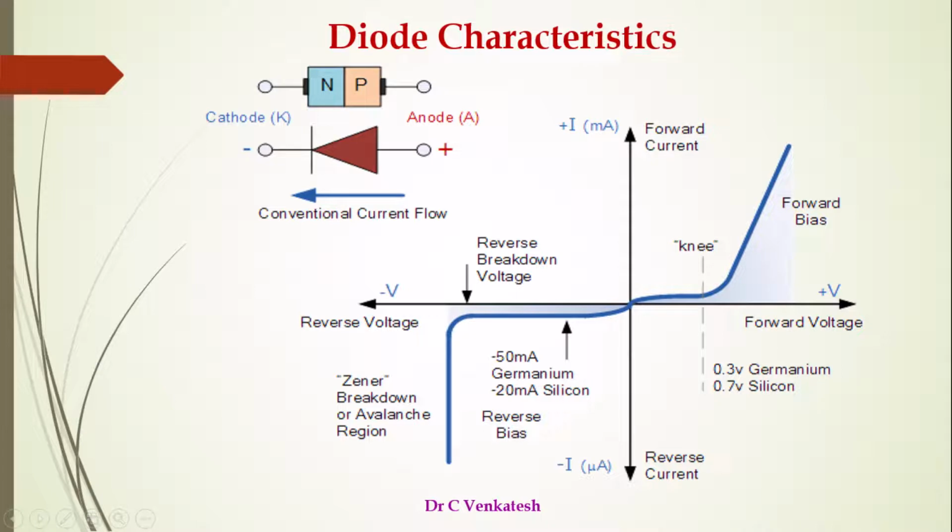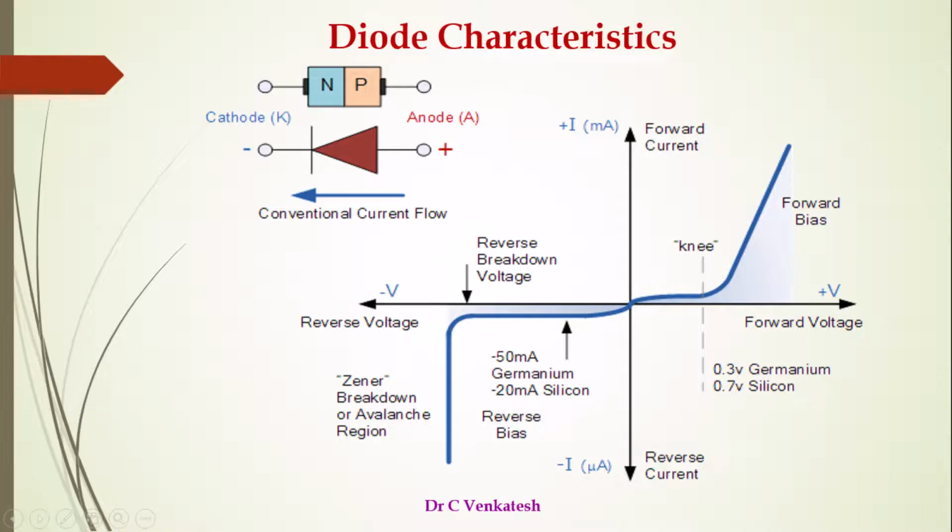From this point, the reverse current is very minimum. Once the supply voltage increases, at the reverse breakdown voltage, the Zener breakdown or avalanche region occurs.